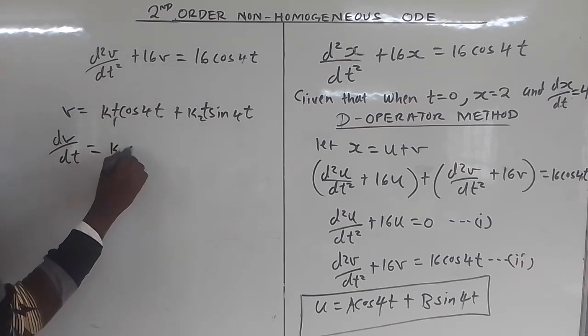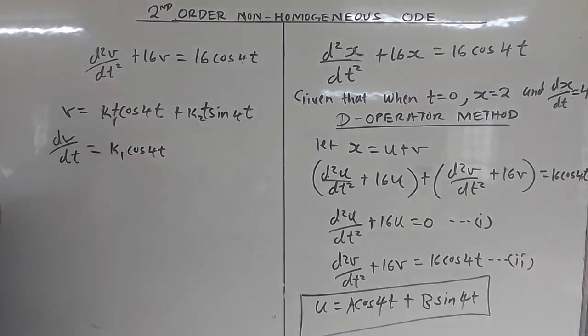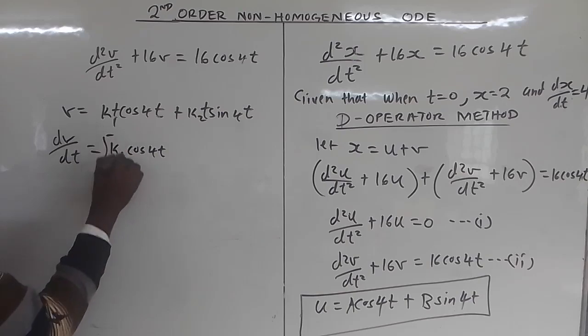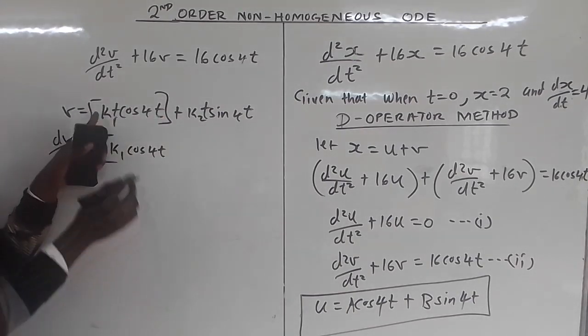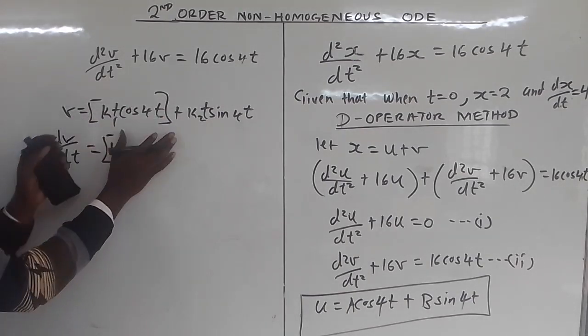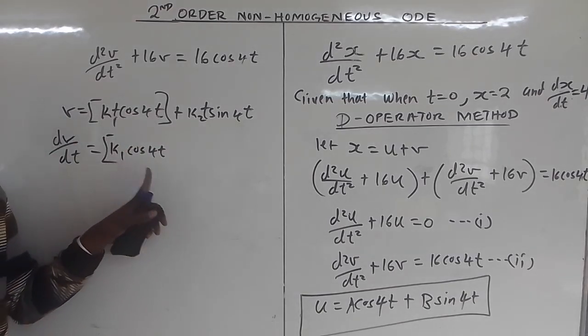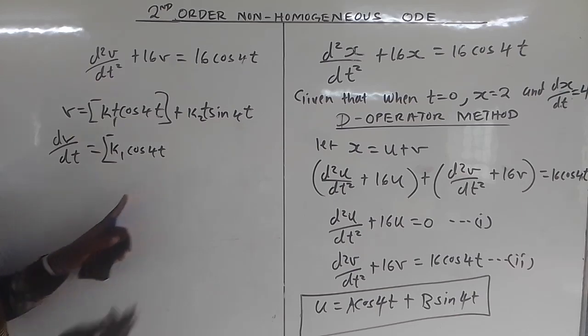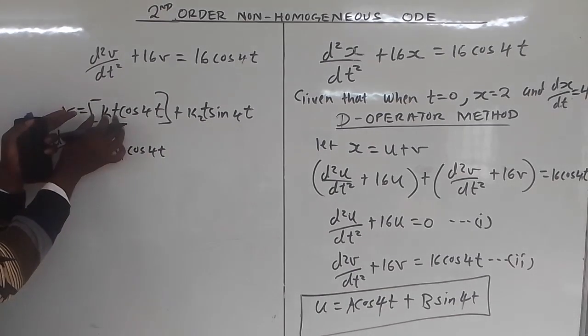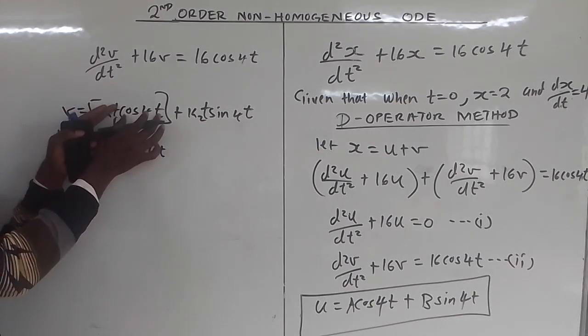So you are going to remain with k1 cos 4t. Then it is plus, we now take k1t fixed and differentiate cos 4t.